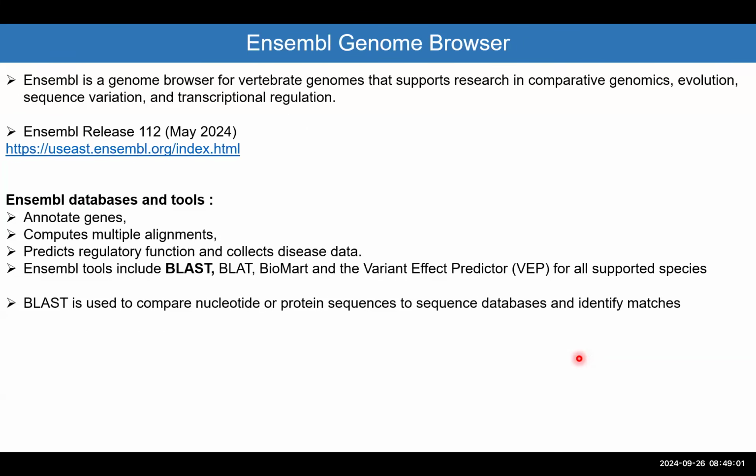Now, the second browser that we will use, and I find this a little bit friendlier for what we want to do, is the genome browser, Ensembl. It has a more or less similar database. There's a lot of genomics that has been integrated, the human genome, the mouse genome; more or less you can see the same things in NCBI and Ensembl.